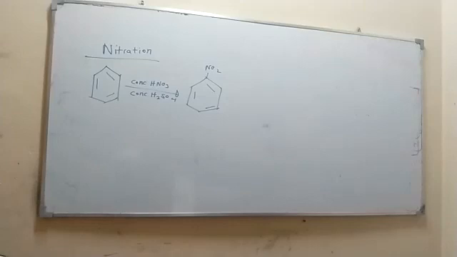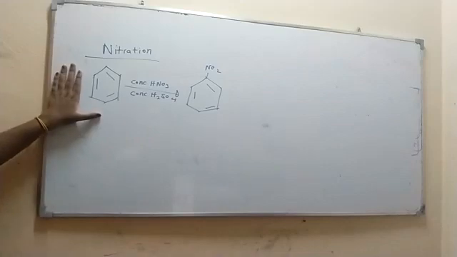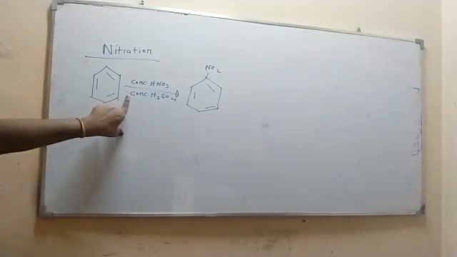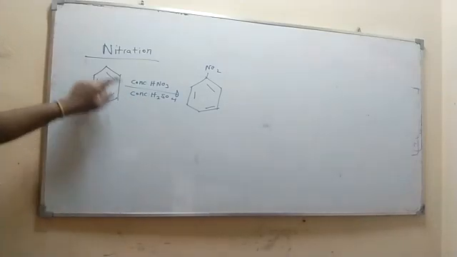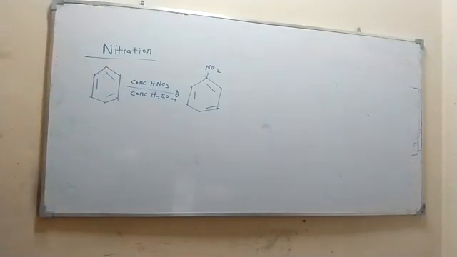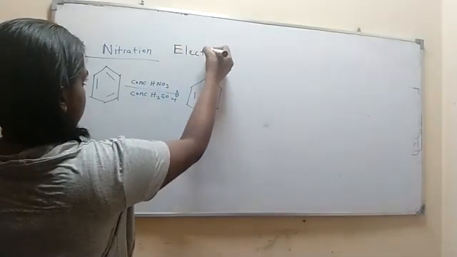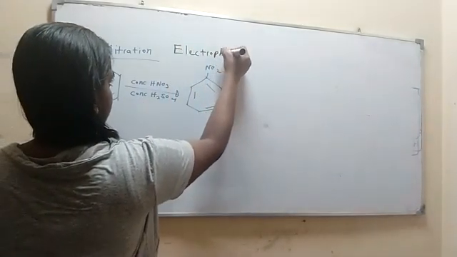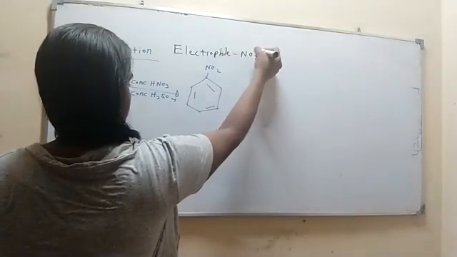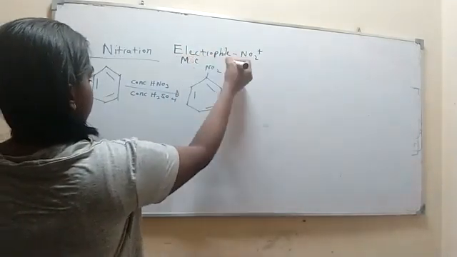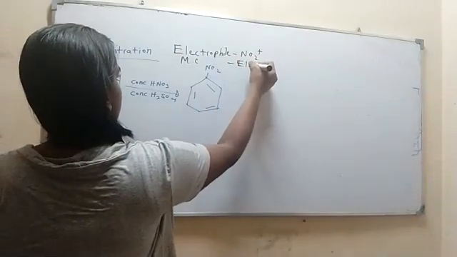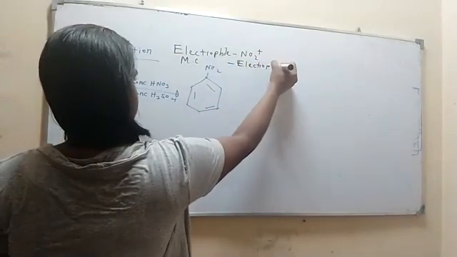For a normal benzene ring, when we add concentrated HNO3 and concentrated H2SO4, one of the hydrogens is replaced by NO2. In this reaction, the electrophile is NO2 plus, and the mechanism of this reaction is electrophilic substitution.